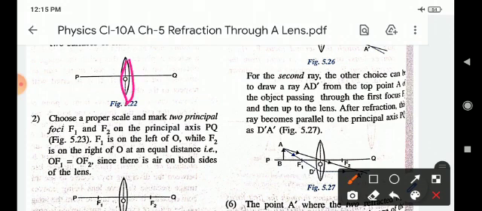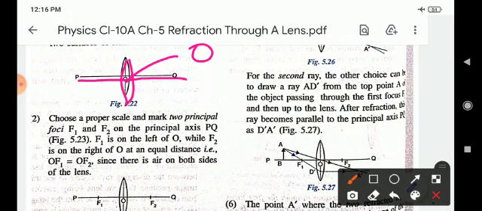It is the lens, and PQ passes through O. For a thin lens, we shall show the light rays to bend at this line instead of bending them at the two surfaces of the lens.